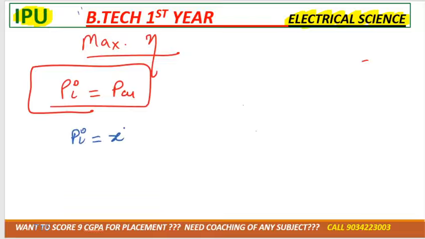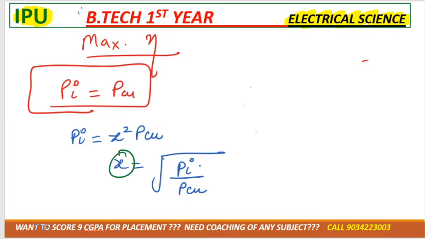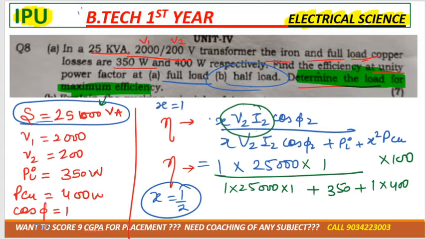So Pi is equal to x squared PCU. So x is the root of Pi divided by PCU. In the question they are asking for the load for maximum efficiency, meaning they are asking for the x value. You know the Pi value and the PCU value, so you'll get the x value, right? This question is complete.